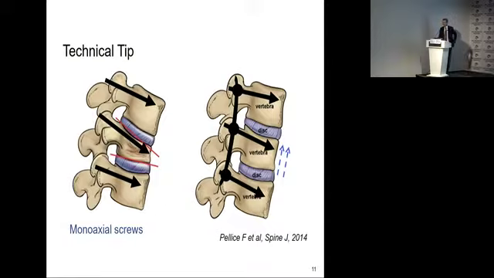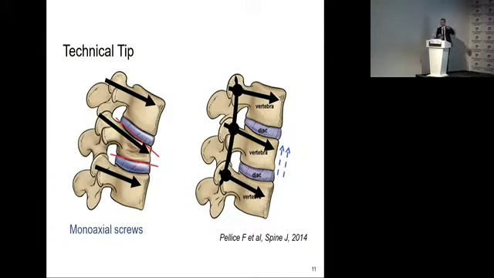This is actually the first time I did a small fellowship at Vall d'Hebron Hospital in Barcelona together with Ferran Pellisé. Ferran is originally a deformity surgeon, but he is also very good at trauma. Ferran showed me this technique during that time. He puts pedicle screws, but monoaxial, not polyaxial, because you need to reduce your fracture.